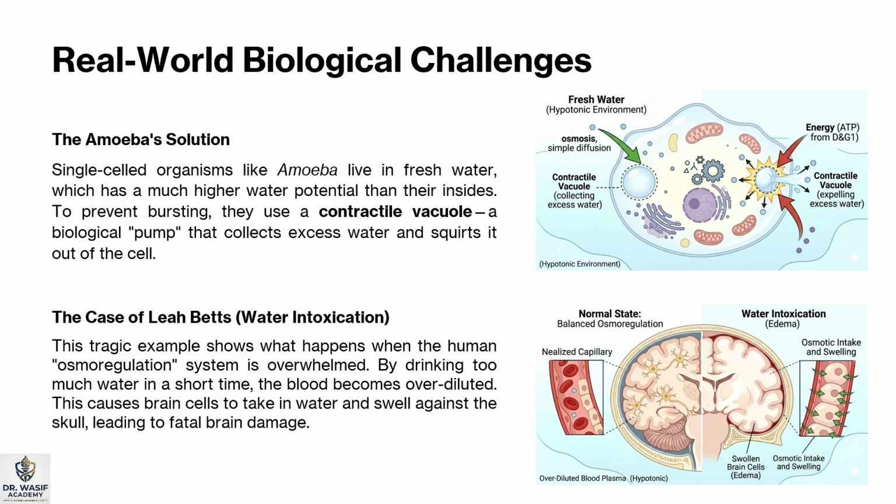Because her blood now had a higher water potential than her brain cells, water rushed into her brain tissue by osmosis. Unlike other parts of your body, your brain is trapped inside a rigid bone skull. As the cells began to swell, they had nowhere to go, so the resulting pressure led to fatal brain damage.